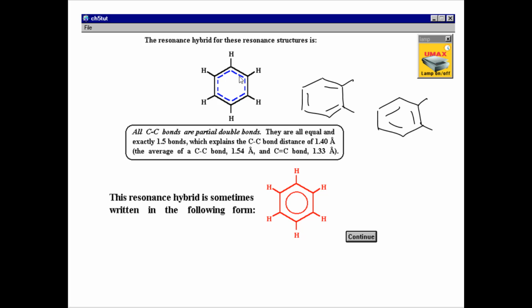And all of these carbon-carbon bonds are perfect averages of a single and a double bond. So 1.54, as we saw in one of the previous lecture videos, the single bond is 1.54, the double bond is 1.33. I think I had 1.34 before. The perfect bond distance here is 1.40. And so that's what a benzene ring turns out to be.